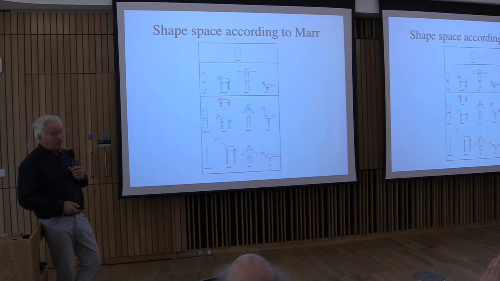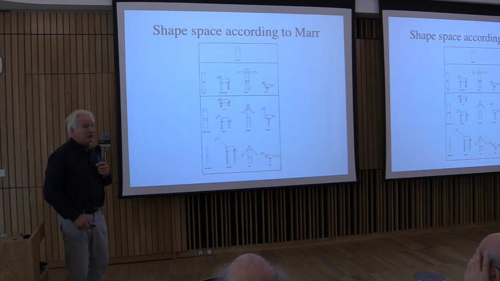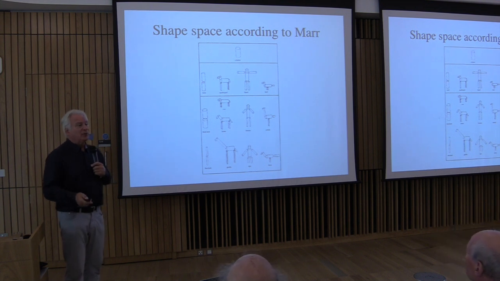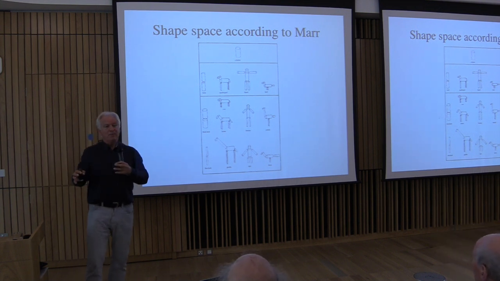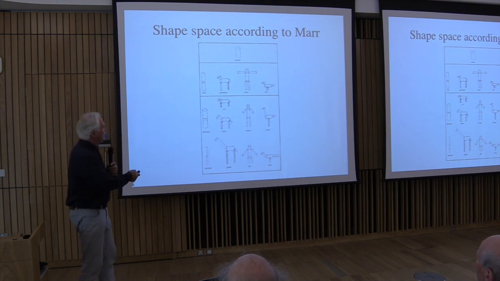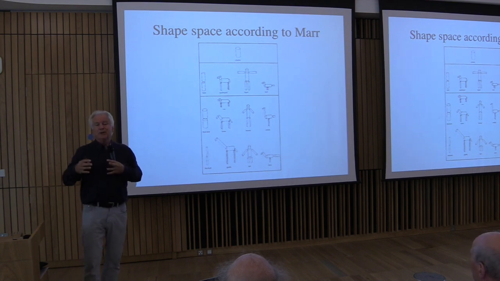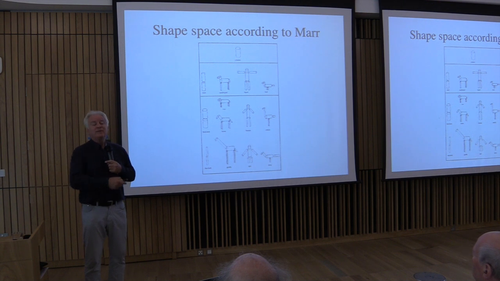Here is shape space, according to Marr. Again, he was the first one to do this. What he did was to give good arguments for why we should break down a shape into cylinders, or more generally into generalized cylinders. Then we can represent different shapes in terms of how these cylinders are combined, the sizes and the proportions and so on. So that's one theory of shapes, and it's dimensional.